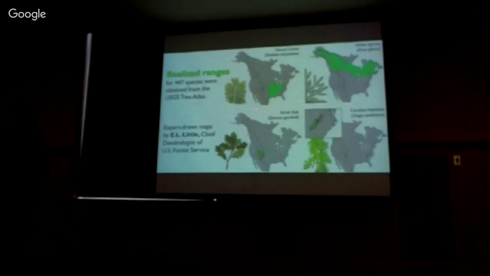The person that did this was the chief dendrologist, who spent many years talking to people about where they're growing and reproducing naturally versus where they were just introduced by people. And so we do know, for instance, that honey locust is growing here in Maine. However, we'd have to see if it's reproducing and competing with the natural suite of species.